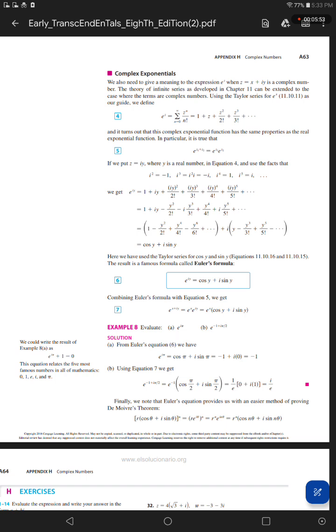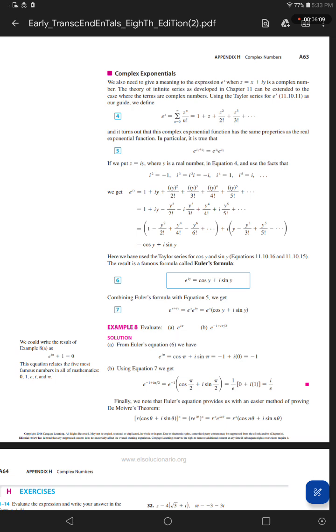(a) From Euler's equation 6, we have e to the power i pi equals cosine pi plus i sine pi equals negative 1 plus i times 0 equals negative 1.